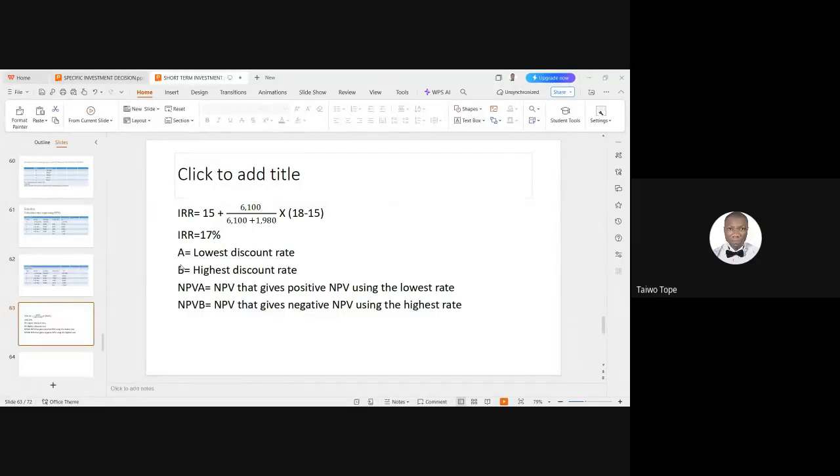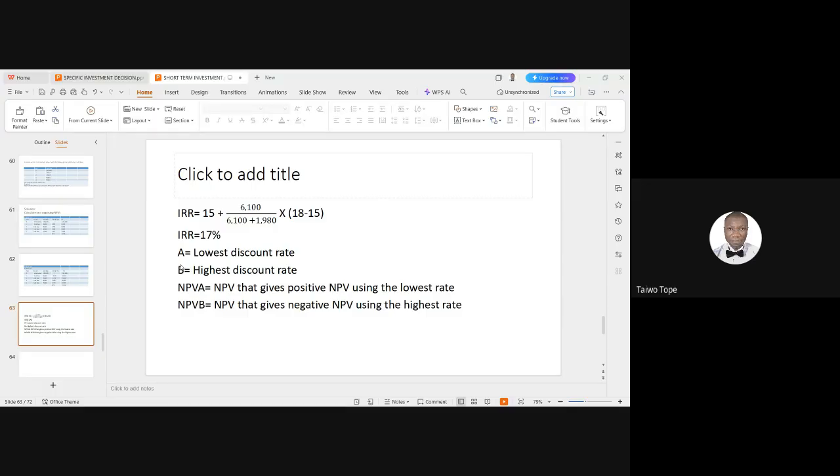I'm following what is in that syllabus. It's net present value and internal rate of return. So the next we have to look at is payback period and accounting rate of return.